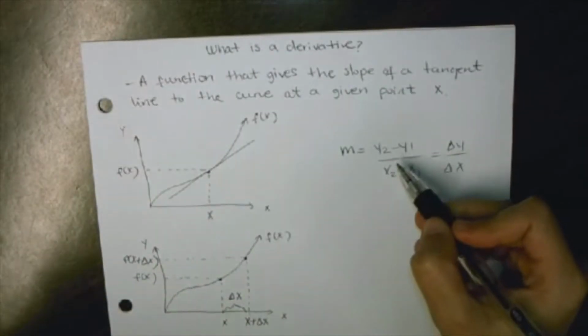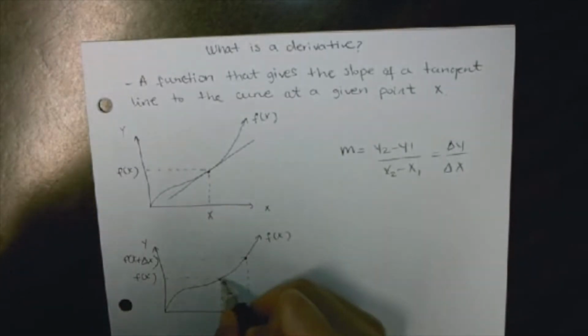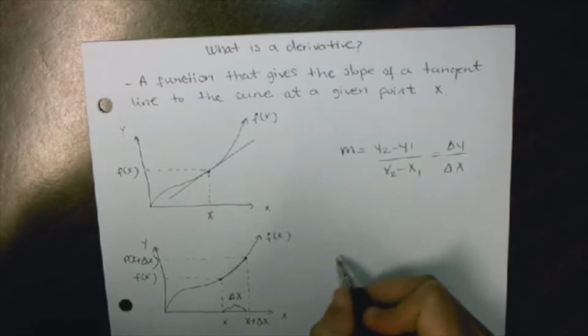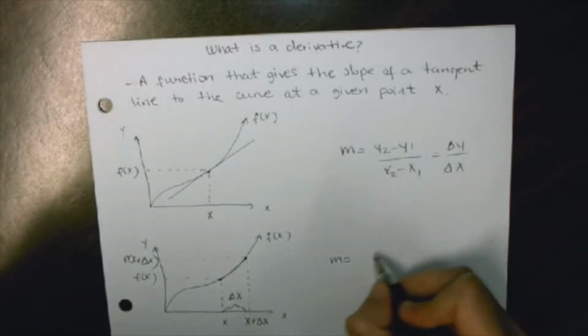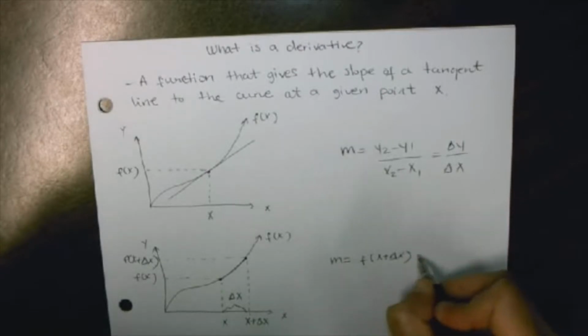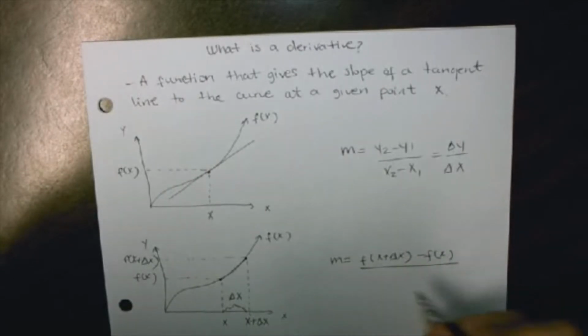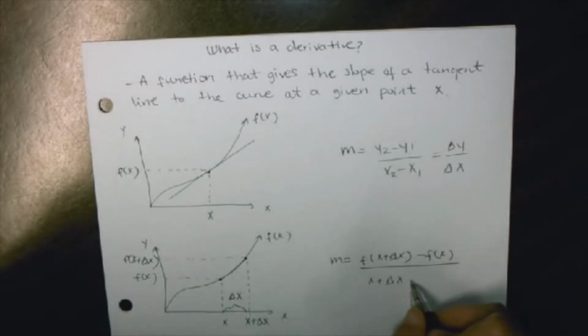So using this line here, the slope of this secant line right here would be m equals f of x plus delta x minus f of x over x plus delta x minus x.